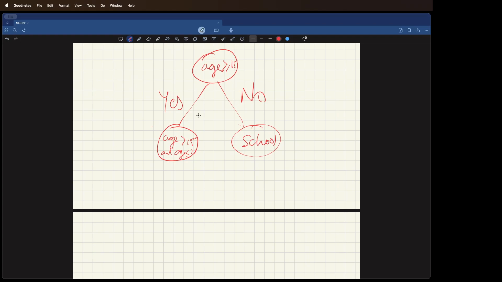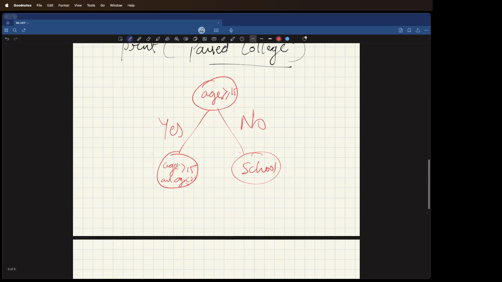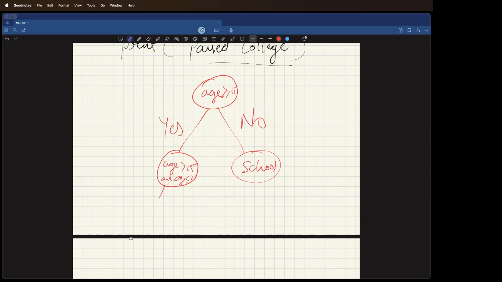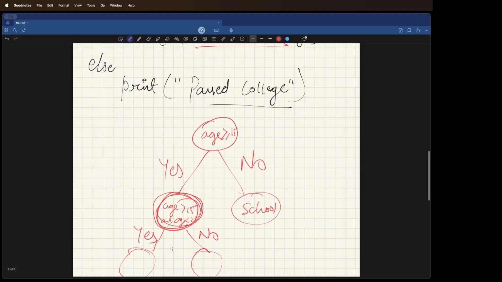If this is the condition and yes, age is greater than 15, then what is the condition? If age is greater than 15 and less than 21. Again two conditions are there. If this condition is satisfied, then college.